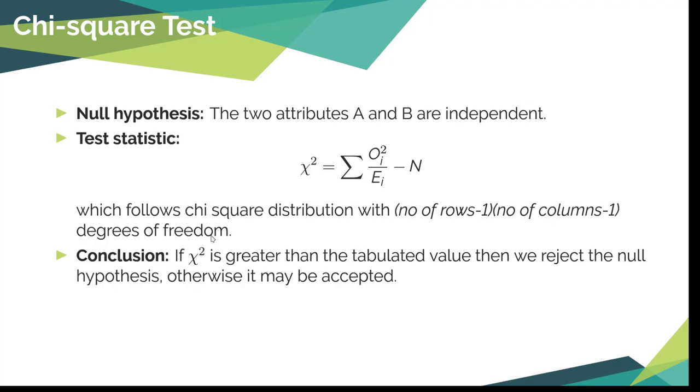And it is used to find out whether two attributes A and B are independent or not, whether there is a relationship. In case of correlation, if you remember, simple correlation was used to find out whether there is a relationship between two number series, right? Two variables which result in numbers. Chi-square is used to find out whether there is a relationship between two characters, right?